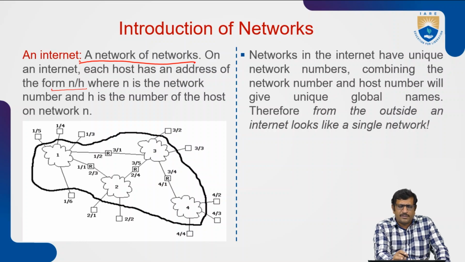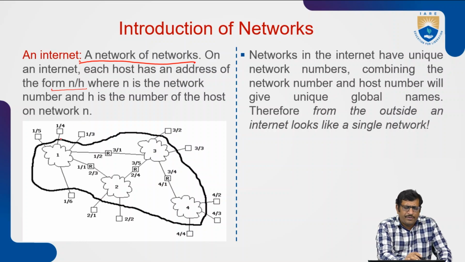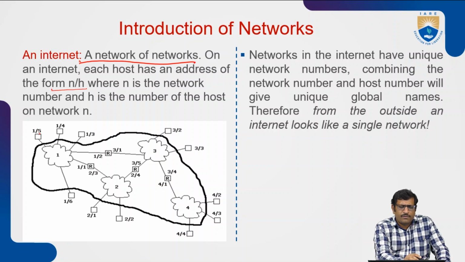Each host on a network has such an address. Now, a host having the address 1 by 5: here n is the network number and h is the host number. 1 by 5 means on the first network, the fifth computer is connected to network 1. 1 by 4 means on network 1, the fourth device is connected.